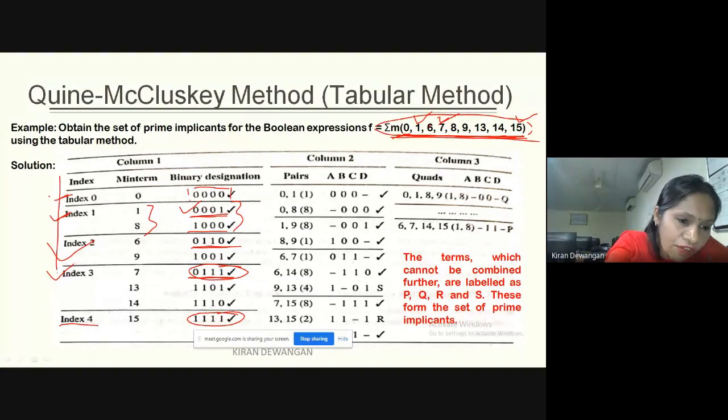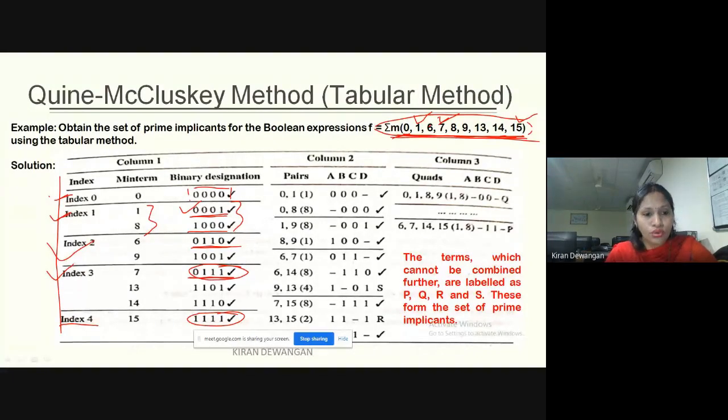So these 5 indexes will remain fixed. Now which min terms lie in which one, you have to check by their binary designation. Index 0 will have those min terms whose binary designation will have 0 ones. Index 1 will have a single 1.